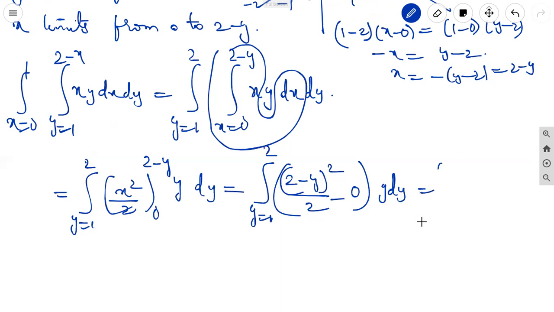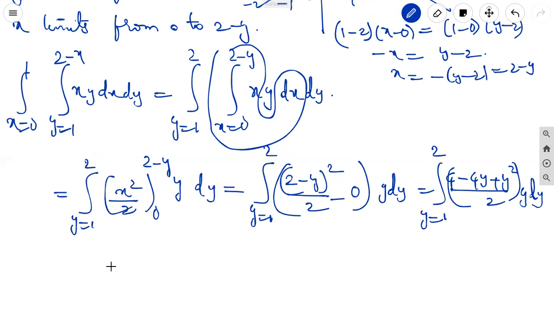That is equal to the integral y from 1 to 2, with (a minus b) whole square equal to a square minus 2ab plus b square, so 4 minus 4y plus y square, whole by 2, into y dy.